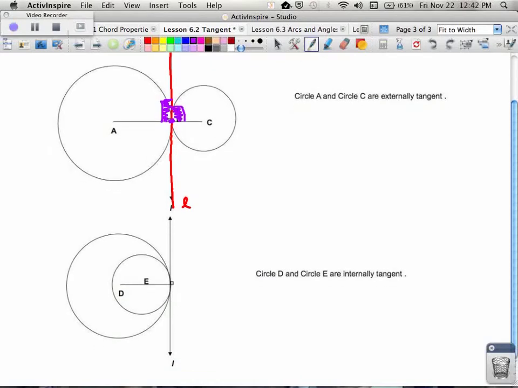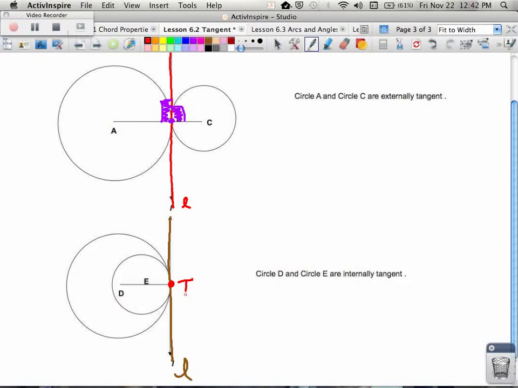Down below, on the other hand, looking at the picture and looking at the line L in this case, which is tangent to the circle at point, let's call it T for tangent maybe.